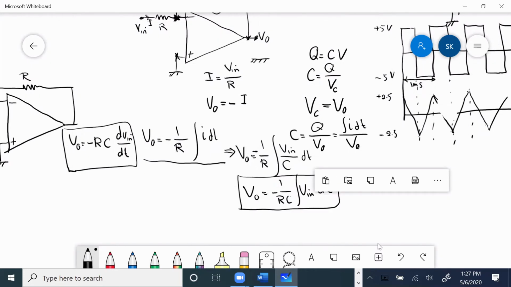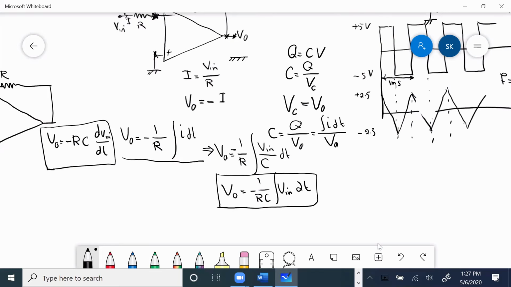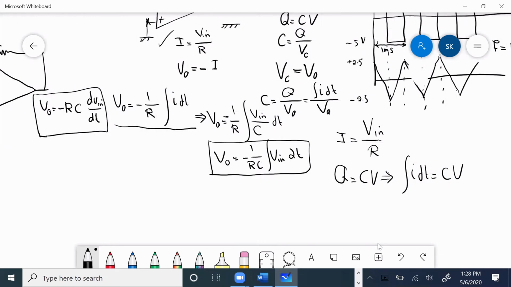Yeah, because I was V in over R. Q was CV, but then for Q, I put the integral of I dt equal to CV, and for I I put V in over R, dt equal to CV out. Do you follow this?